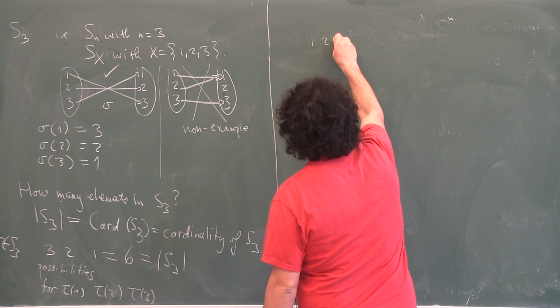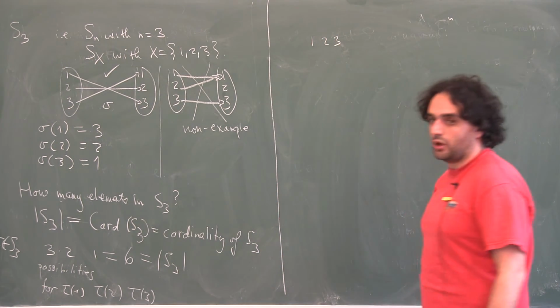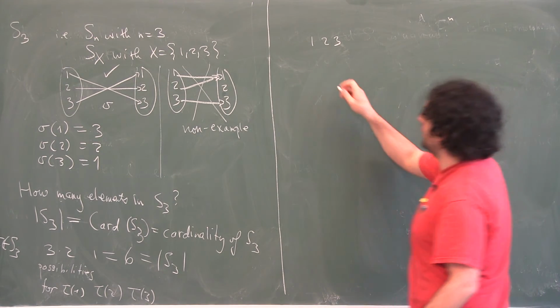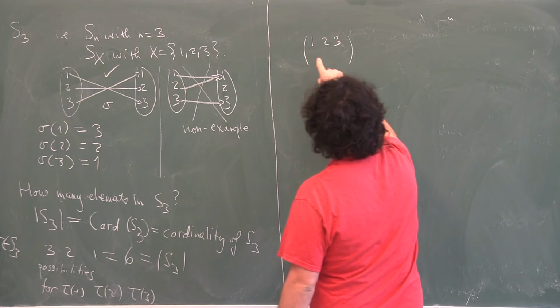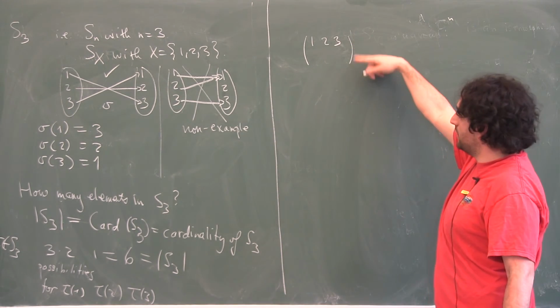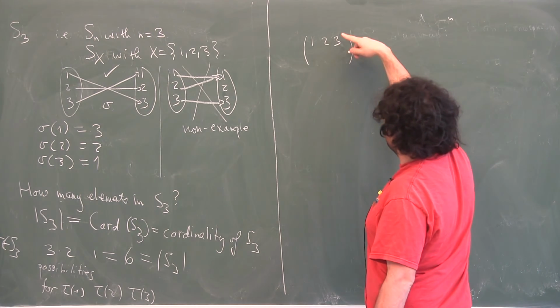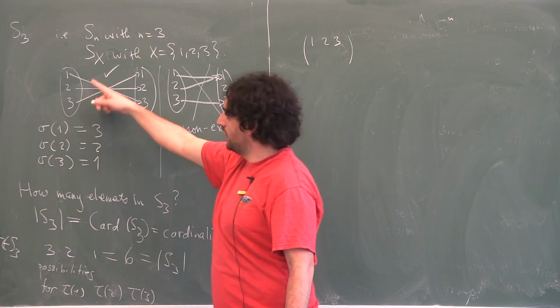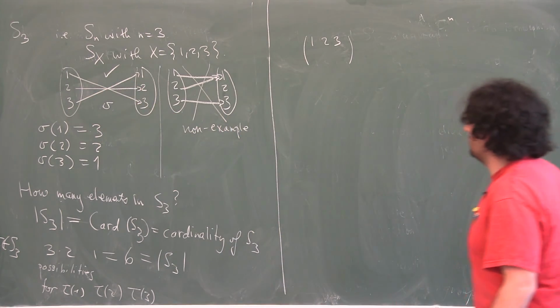I write 1, 2, 3 on top. If I was doing S5 instead of S3, I'd go up to 5. And then I leave space in the bottom. If you want, it's a matrix with 2 rows and as many columns as the size of the set that we're permuting.